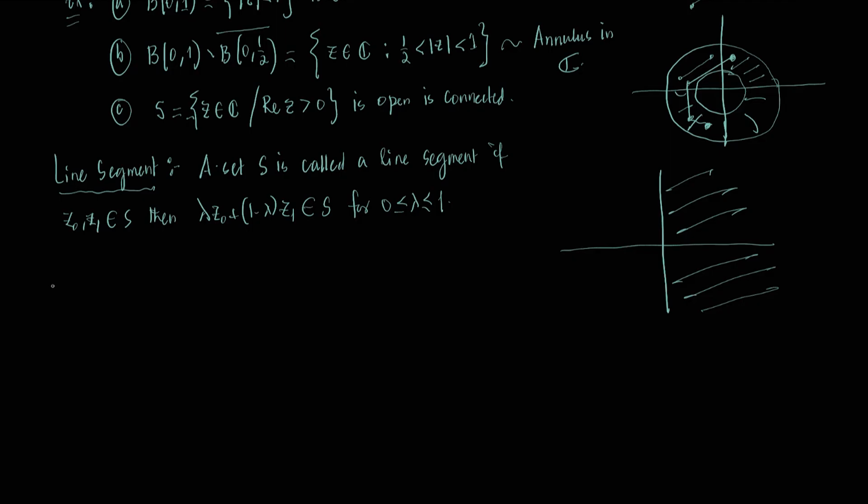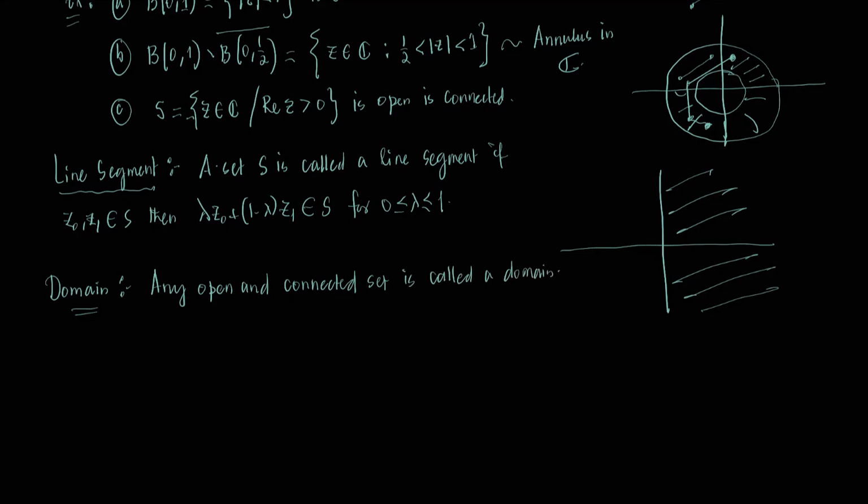Now we define something called a domain. This idea is very important in complex analysis. What is a domain? A domain is an open connected set. Any open and connected set is called a domain.